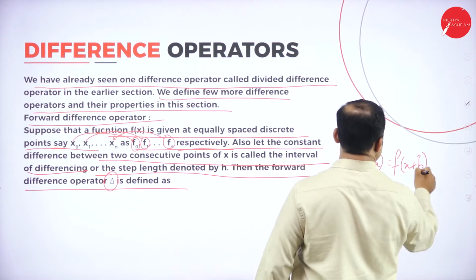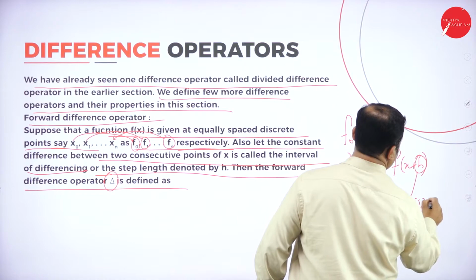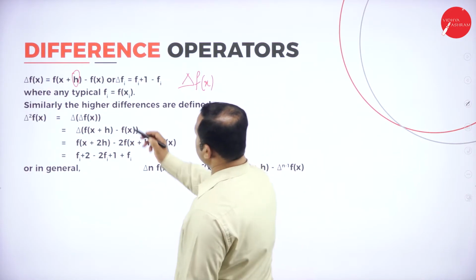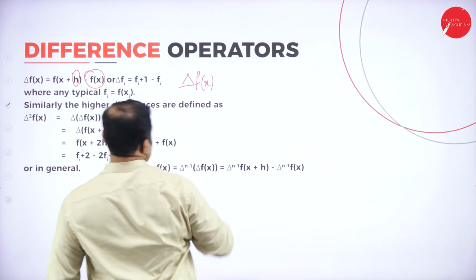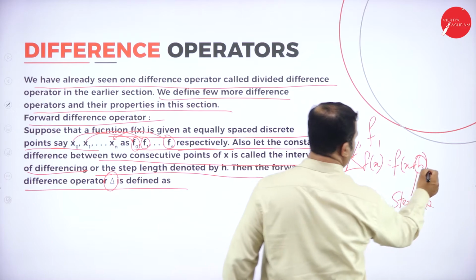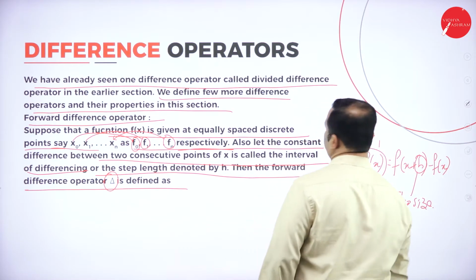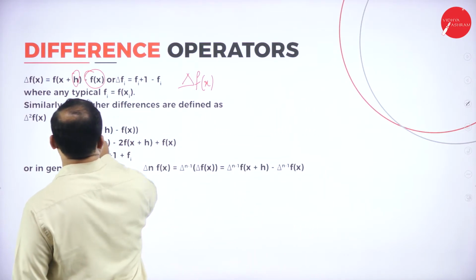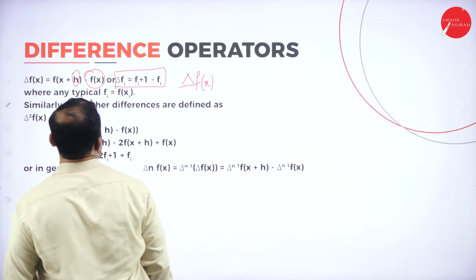What is the step size? This is called the step size. It is the difference between the present and the next term, minus f of x. That is the present, and this is the next term. So this gives me the value of delta f of x. Typically, it is given by this formula. So fi is equal to this term, the same thing.